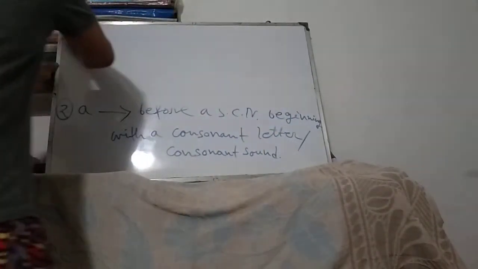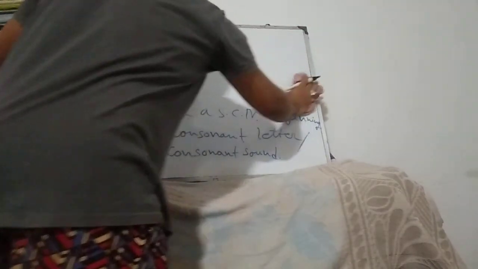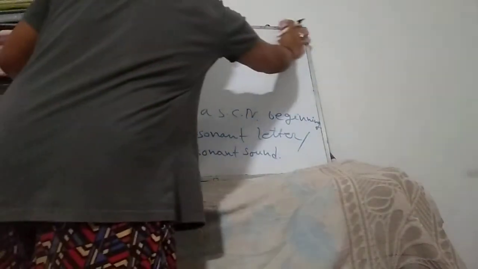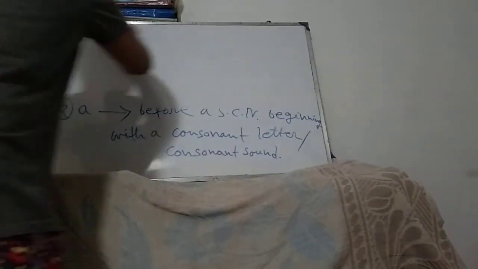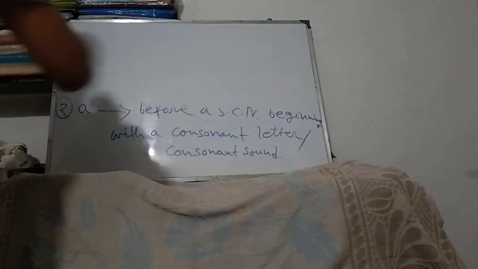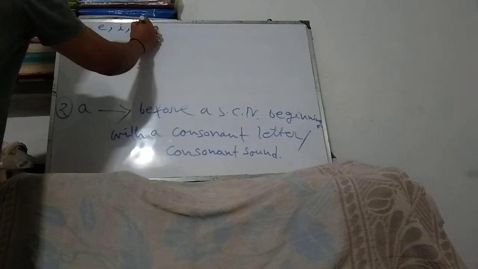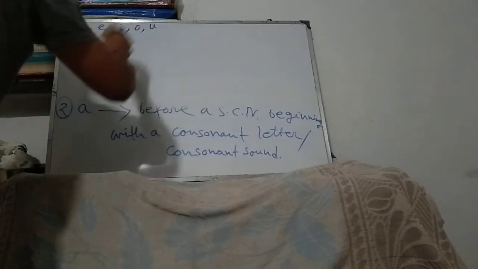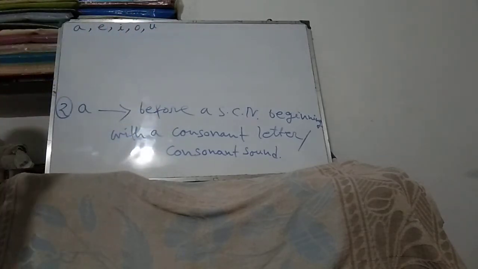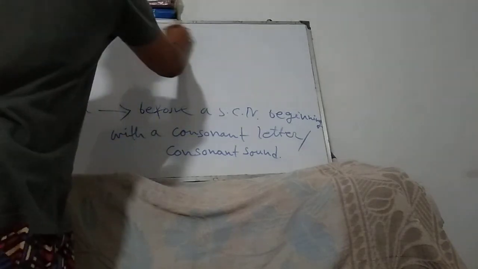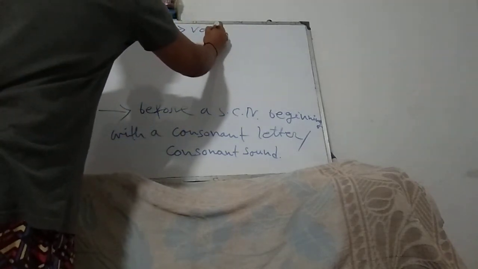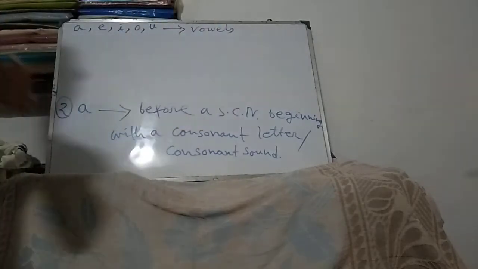We all know that among the 26 letters of English alphabet, A, E, I, O, U, these are vowels.